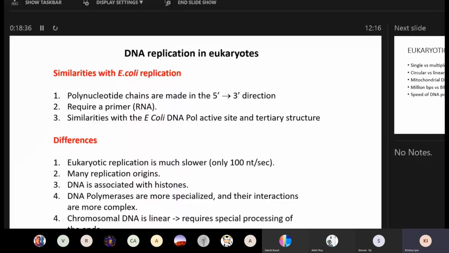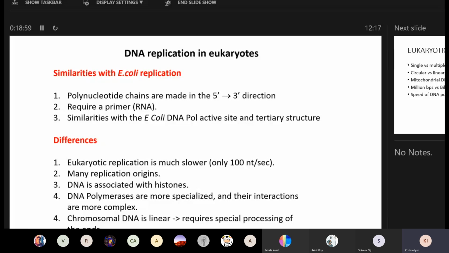Therefore, this untangling from the histones is also part of the process which is needed when replication begins.